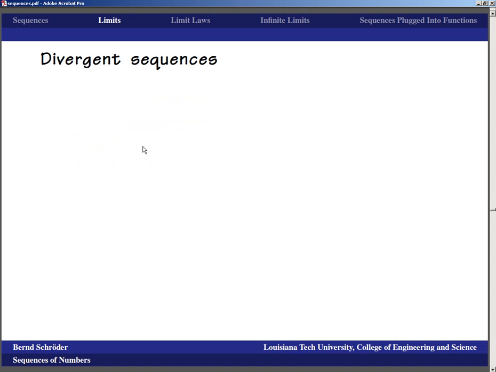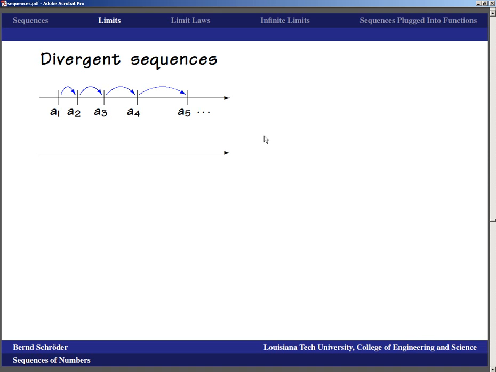For divergent sequences, this kind of eventual aggregation does not happen. It could be that your numbers just keep growing and growing and just blow up and never aggregate near any number anywhere. Or it could also be that, say, your a1 and your a2 go like this, but then your a3 is a1, your a4 is a2, your a5 is a1, your a6 is a2, so something that just keeps bouncing without the oscillation getting any smaller.